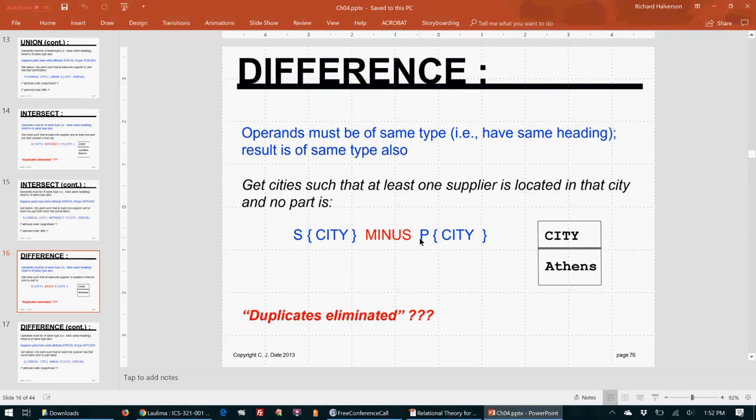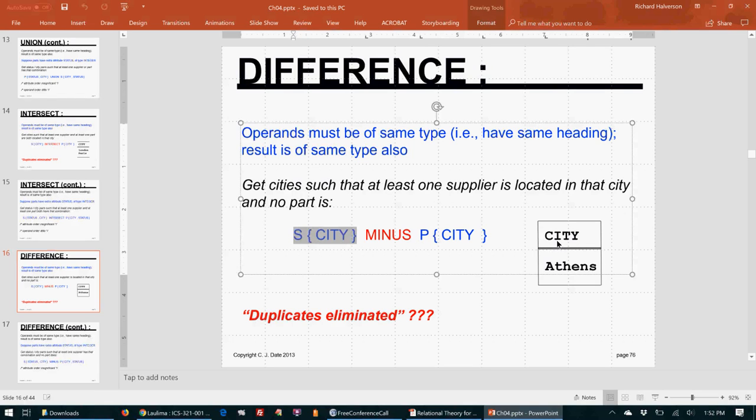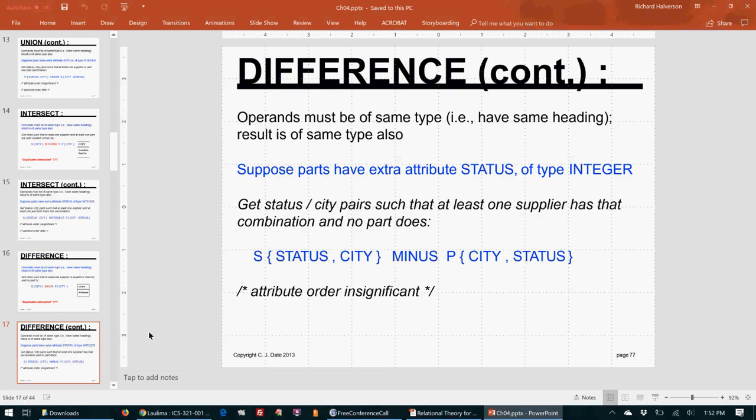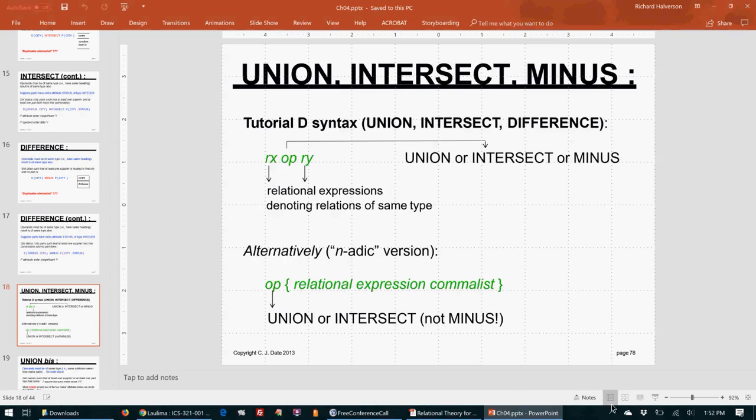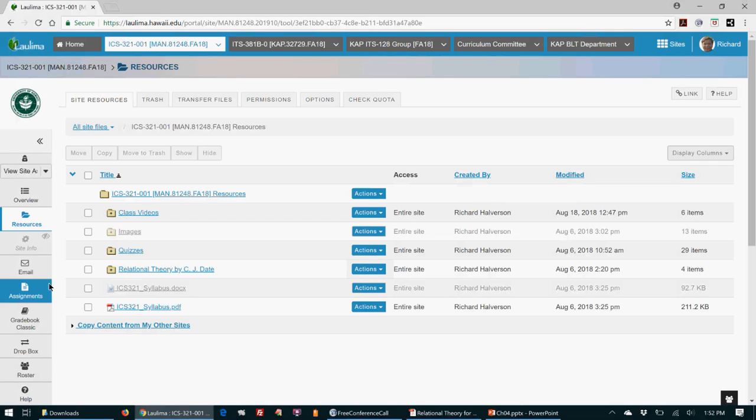Difference is where you find the tuples that are in common, and you subtract them out of the first rel var, and that's the result. And again, the attributes don't have to be in any kind of order. Okay? That's pretty straightforward.